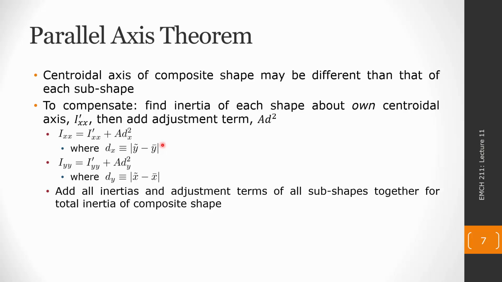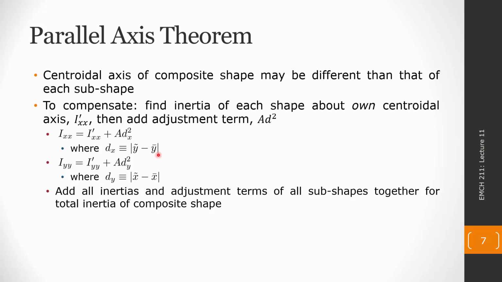So for each subshape, we need to make this parallel axis adjustment, and we have to note that each subshape will have its own y tilde. But y bar is the same for everything because that's the axis that passes through the centroid of the composite shape.